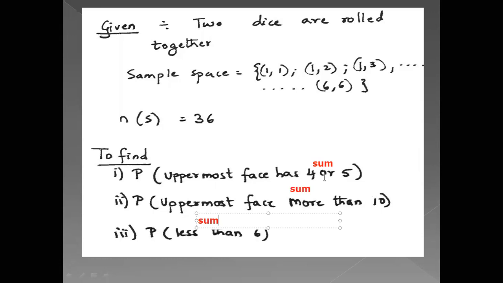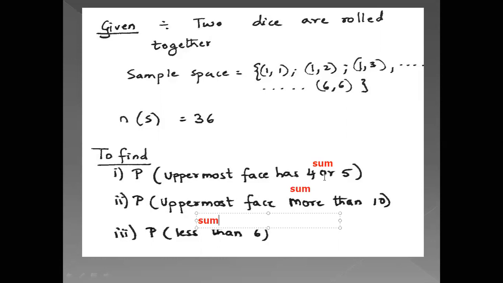Now the uppermost face has sum 4 or 5. So whenever the word or is there, you have to take all the conditions where the sum will be 4 and the sum will be 5. When it is and, both the conditions have to be satisfied, so you have to take such numbers where both conditions are satisfied in that one number.